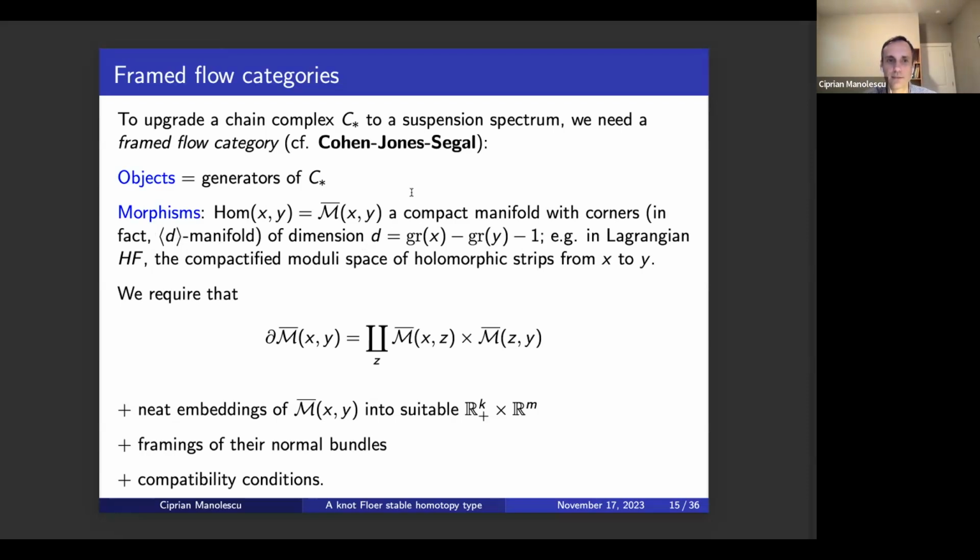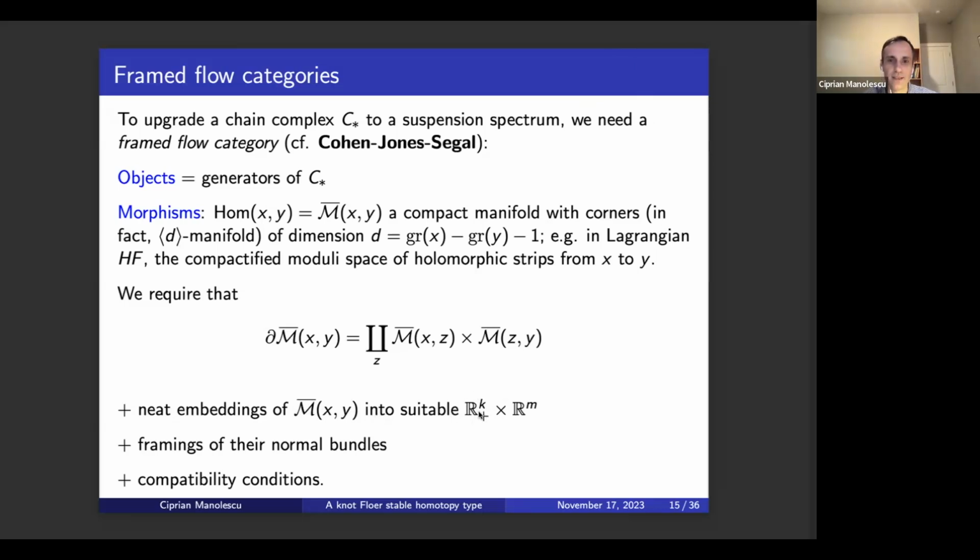So these are models for the compactified moduli space of holomorphic strips from X to Y after we divide by the R action. And we require the usual relation that the boundary of this moduli space is the union of all broken trajectories, moduli spaces like this. And apart from all this, you need a few more things. You need embeddings of these moduli spaces into suitable Euclidean spaces with corners.